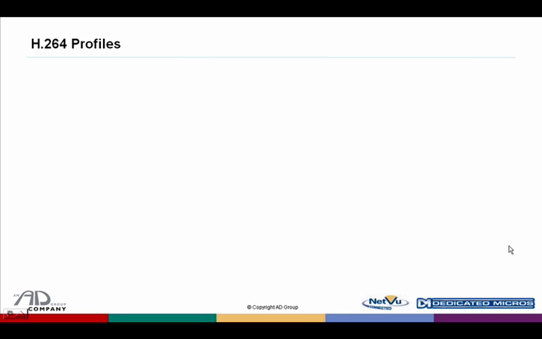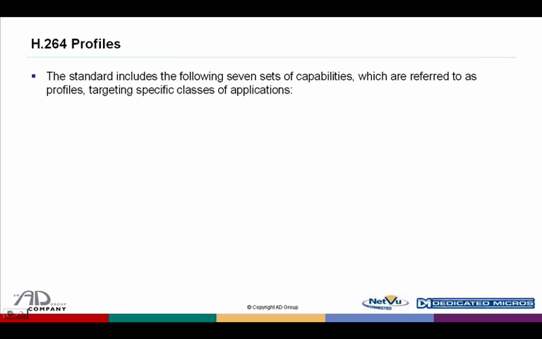That then leads us on to the concept of profiles within H.264, and this is how this level of flexibility is actually provided. So the standard itself provides 7 sets of capabilities referred to as profiles, and these profiles were designed to fulfill the needs of specific application areas.